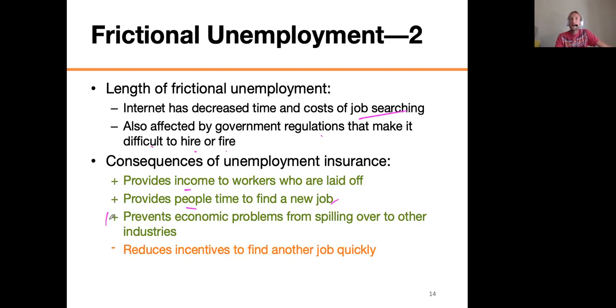However, a negative is that it reduces incentives to find other jobs quickly, right? It's kind of nice. I'm getting paid for nothing. Why try to find another job? I'm going to go a little bit more slowly, right? So there's pluses and minuses. Hiring and firing regulations and government policies like unemployment insurance can definitely increase unemployment, though.